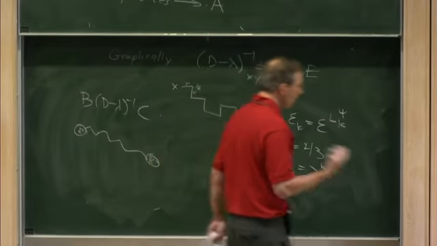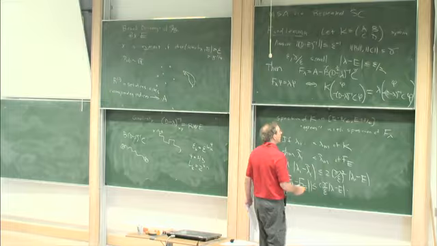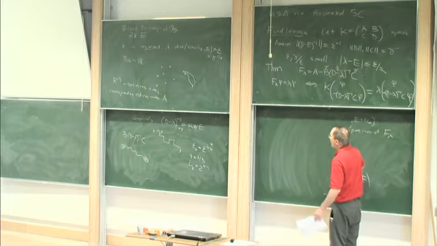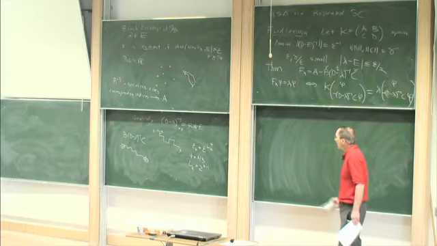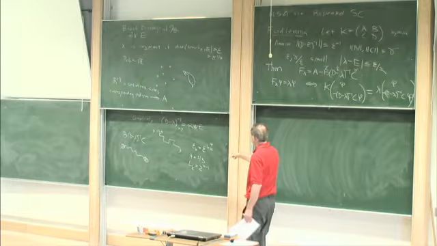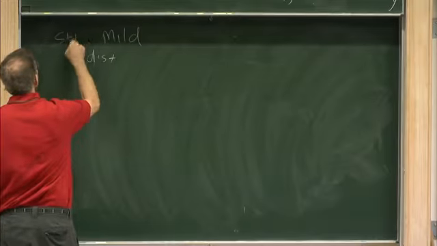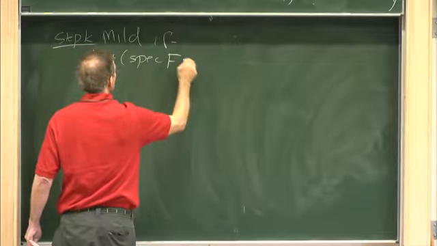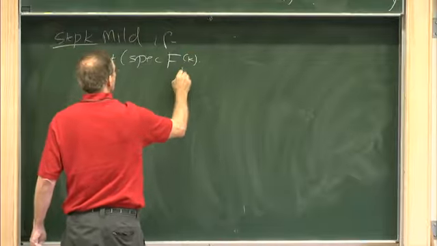In order for a block to be mildly non-resonant, the spectrum of the effective Hamiltonian, or the Schur complement matrix, has to be a certain distance away from E, namely by distance epsilon k. And so we take this matrix, Schur complement step k, with lambda, with some energy E.